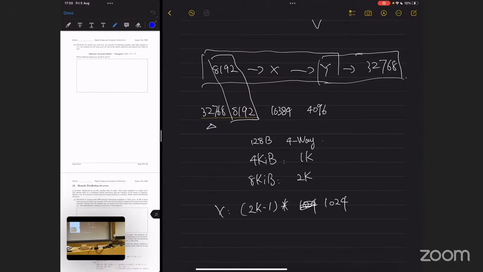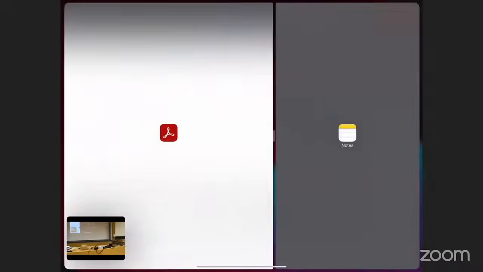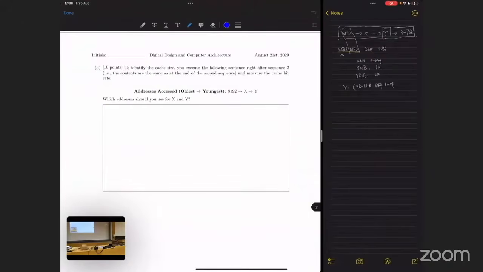By doing this, we can know whether our cache size is 4K or 8K. Yeah, so that solves our last question. So X would be 2K times an odd positive integer, minus 1K, and Y would be 32K. Yep.